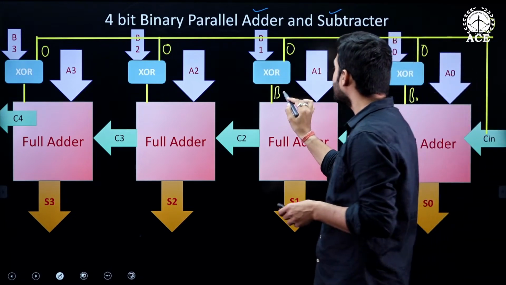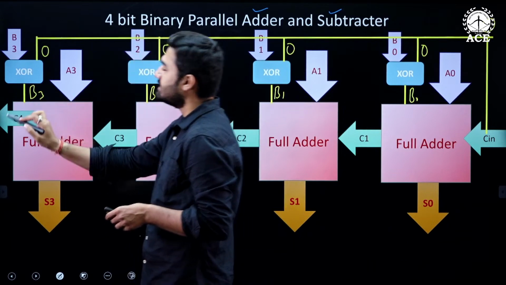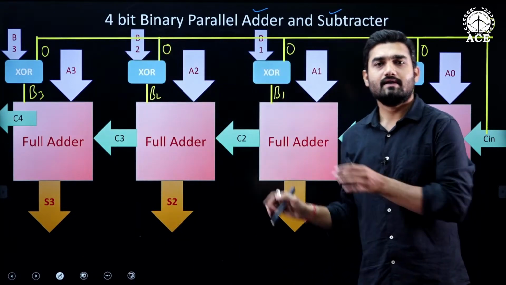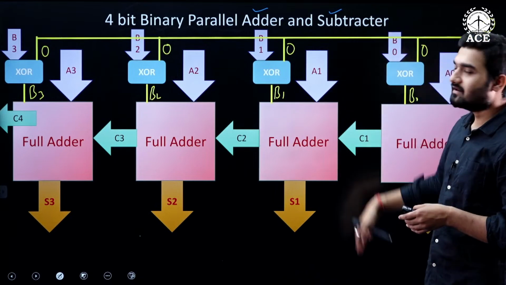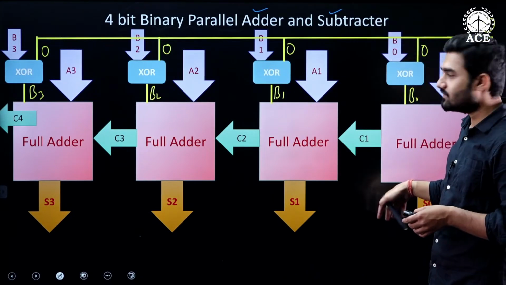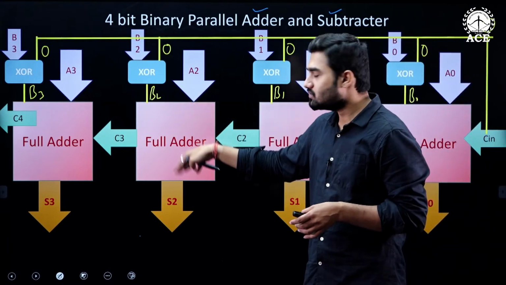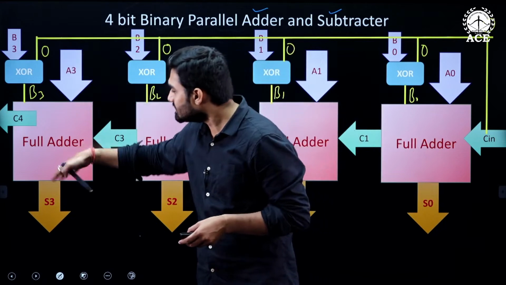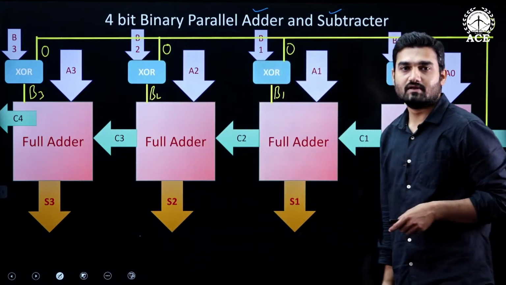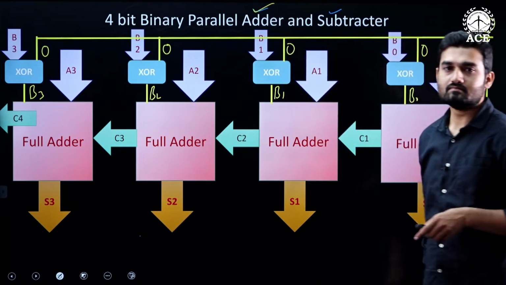Here B1, here B2, here B3, like that. Now it is behaving as an adder. A0, B0 directly coming inside the full adder, A1, B1 coming inside the full adder, A2, B2 coming inside the full adder, A3, B3 coming inside the full adder. That means it is behaving as an adder. Okay, we understood this part.